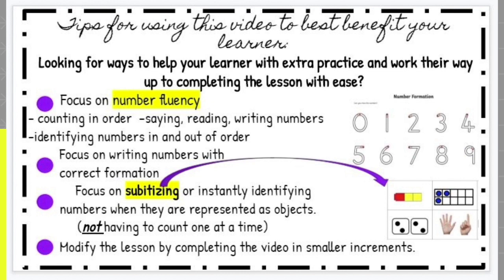Maybe you notice that they're ready for bits and pieces of it, and so I do suggest to complete the video in smaller increments if that works better for your learner. These videos are really suggested for you to use in a way that's tailored to your student, and the suggestions that I have here are additional tips that may help make these videos easier.